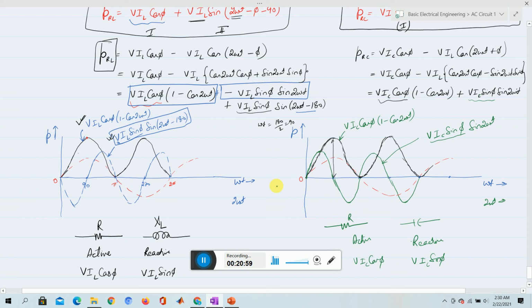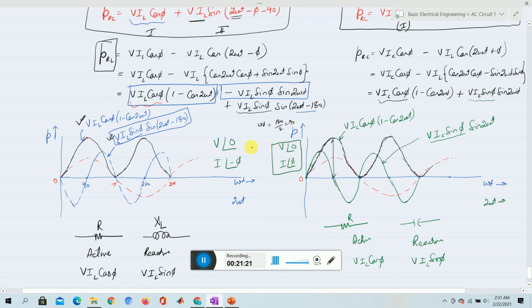The difference that we get between inductor and capacitor is this. Remember this is an assumption here: V angle 0 and I is lagging by an angle of phi. Here in the case of inductive, it is V angle 0 and I is leading by an angle of phi.